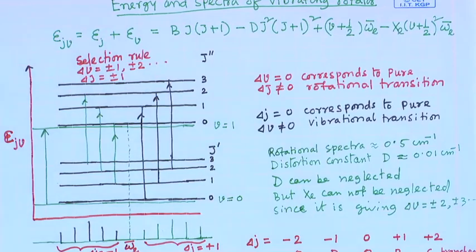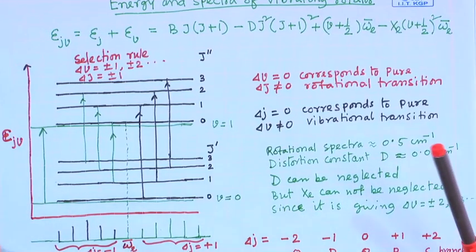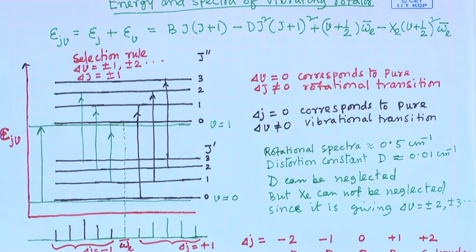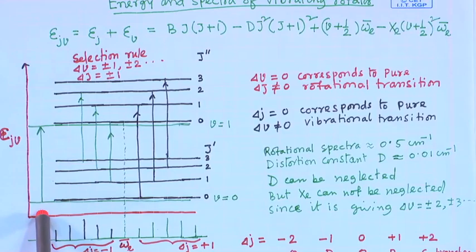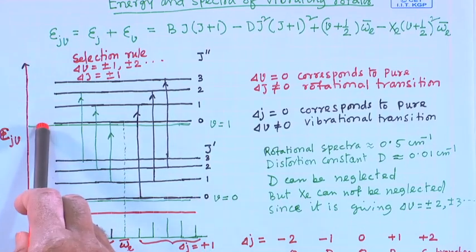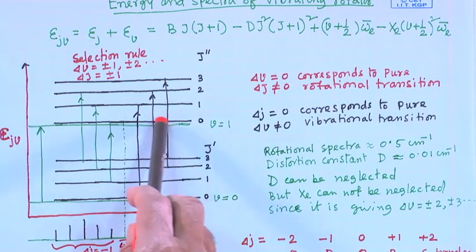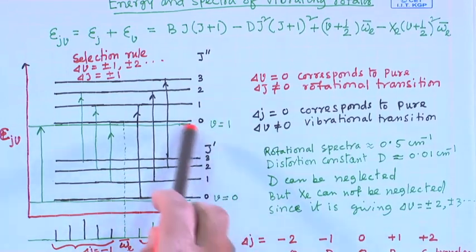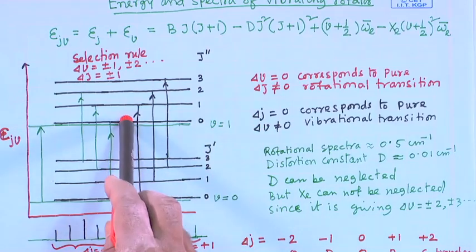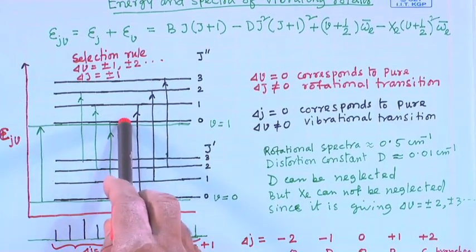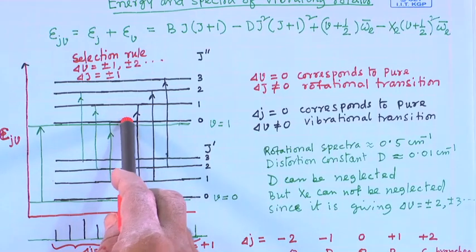And now, if you consider the transition, I have shown these lines basically from v equal to 0 to v equal to 1, okay. So, that means j equal to 0 in this case and this case, they coincide with v equal to 0 and v equal to 1. Transition with del j equal to 0 is not allowed.